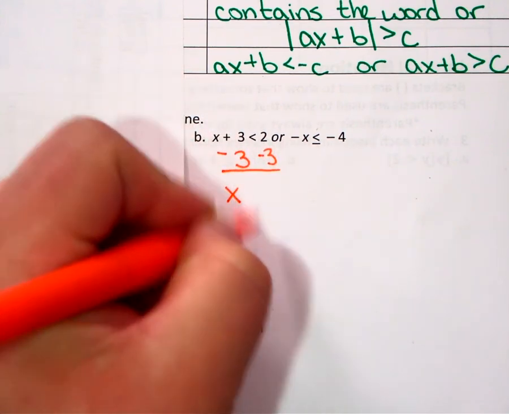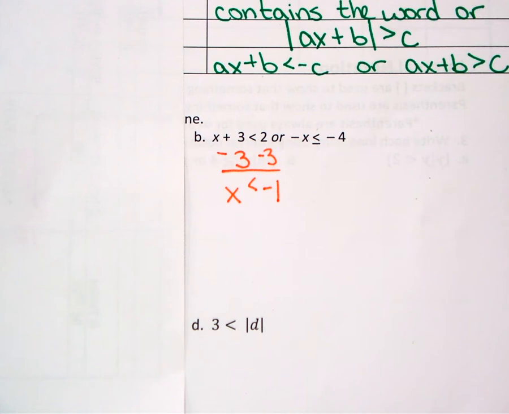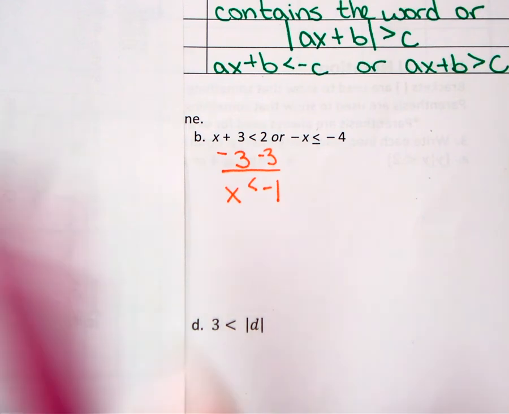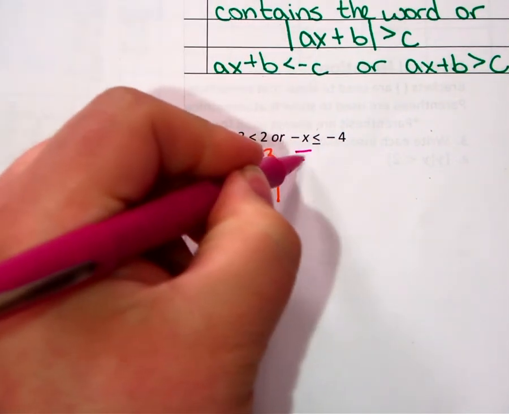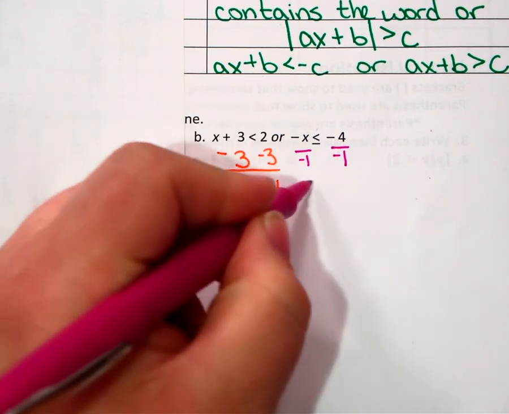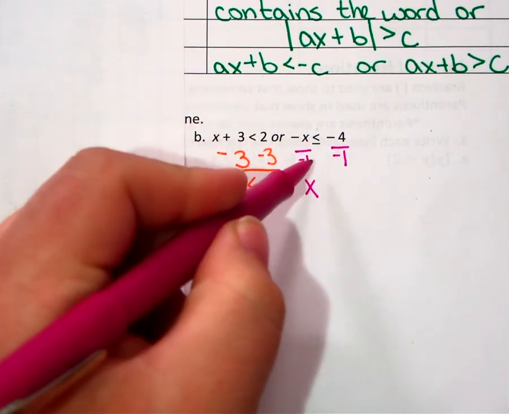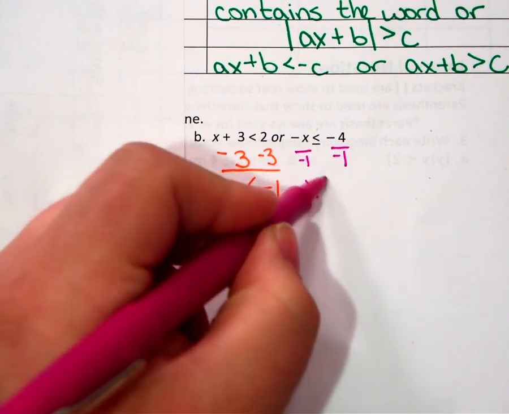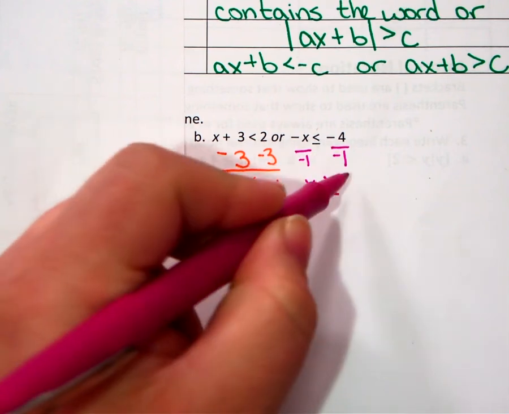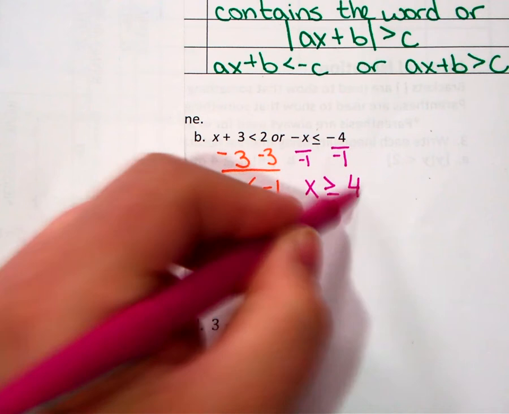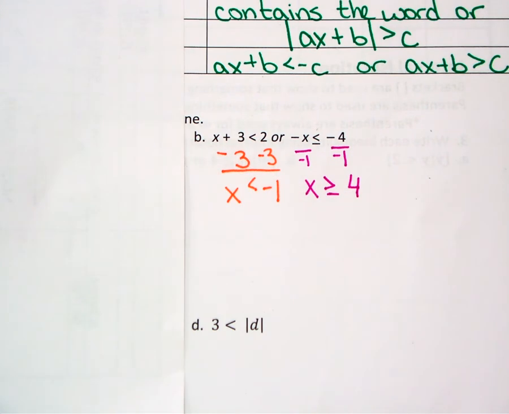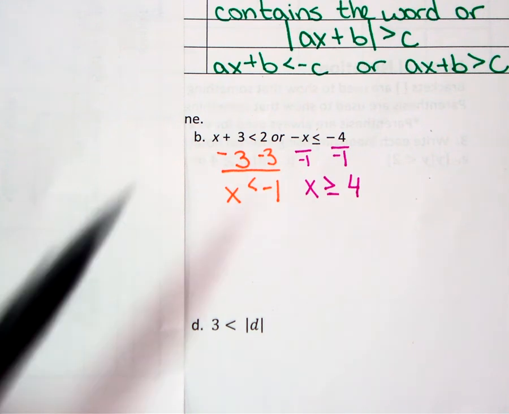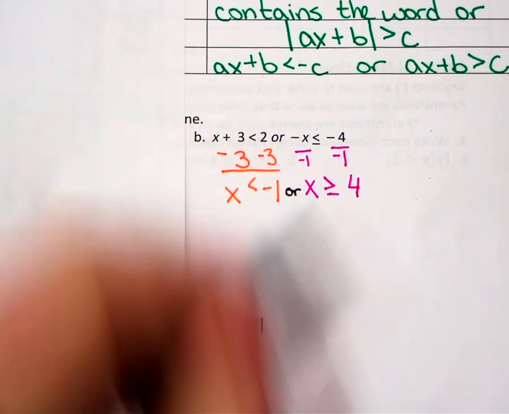And I get x is less than -1. The right inequality, to get x alone, we need to divide by -1 on both sides. So I have x, and because I divided by a negative on both sides, I need to switch the inequality sign, is greater than or equal to +4. Now remember, the problem directly told me that it was an OR problem. That means that I need to include the word OR in my answer.